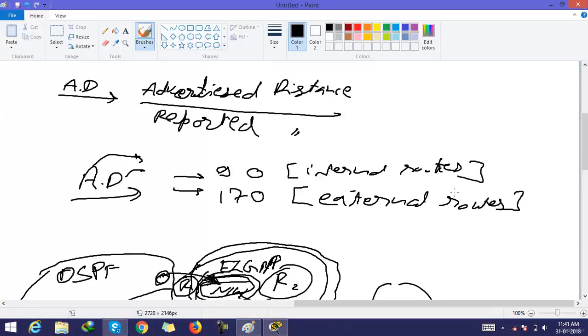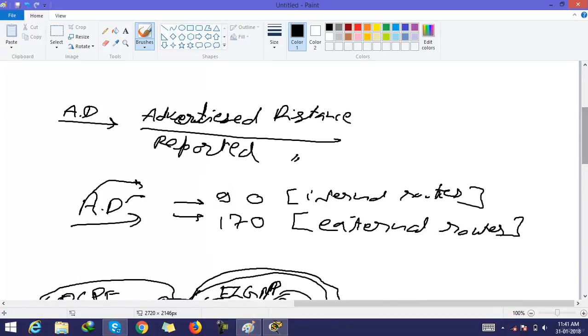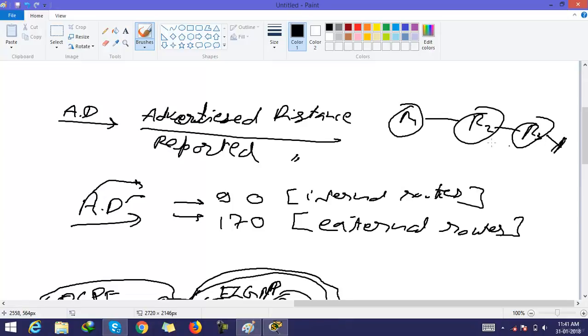For example, this is R1, this is R2, this is R3. Here a network is. R2 has some metric to reach this network. R1 also has some metric to reach this network.